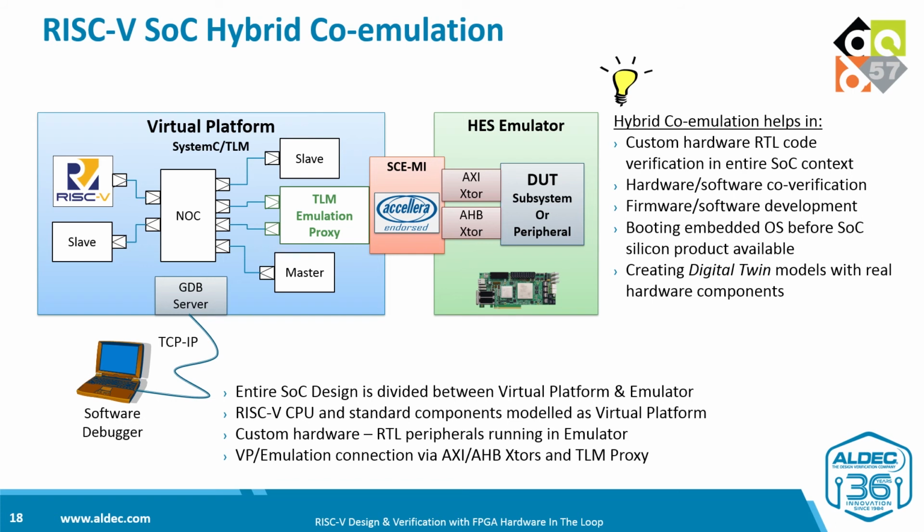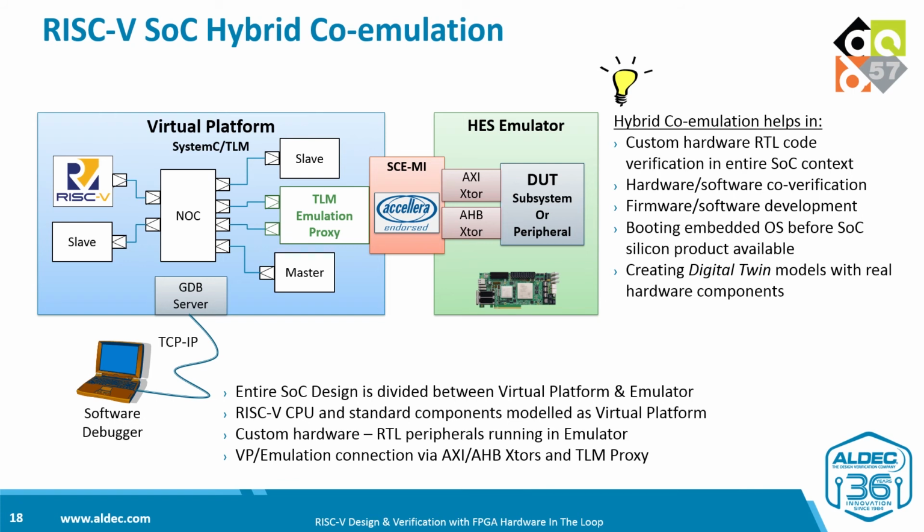However, some subsystems or peripherals, IP cores, are not available as virtual models. And in such case, the virtual platform alone is incomplete and requires some dummy code to substitute for missing components. This issue is resolved by hybrid co-emulation.